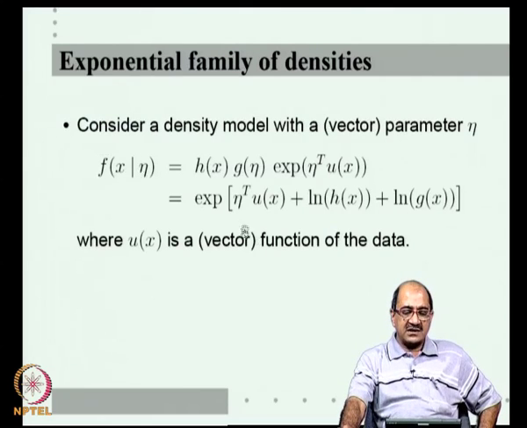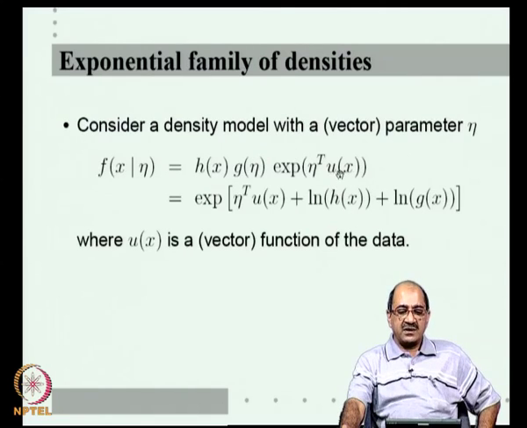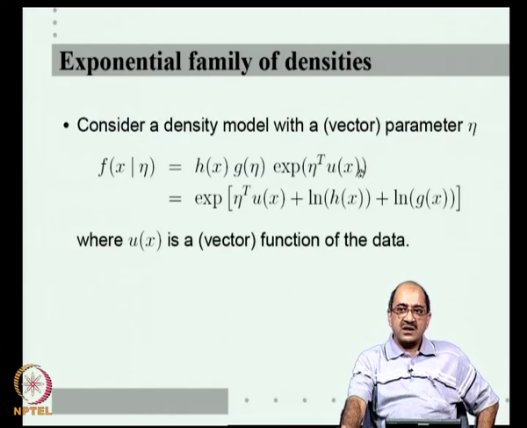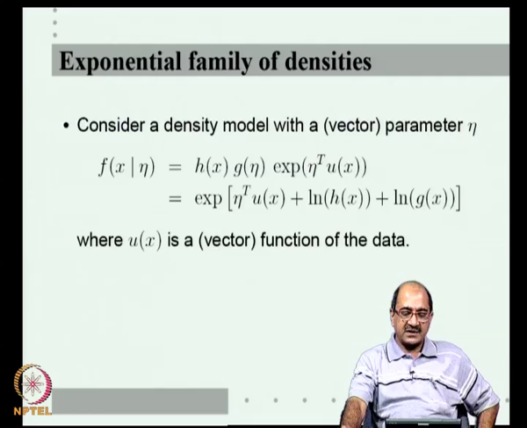But essentially any density that can be written as a product of a term that involves only x, a term that involves only the parameters eta, and another exponential of eta transpose u of x, that is eta 1 u 1 of x plus eta 2 u 2 of x and so on, where u 1 of x, u 2 of x and so on are some pre-specified functions of x. Such a density is called an exponential family of density.